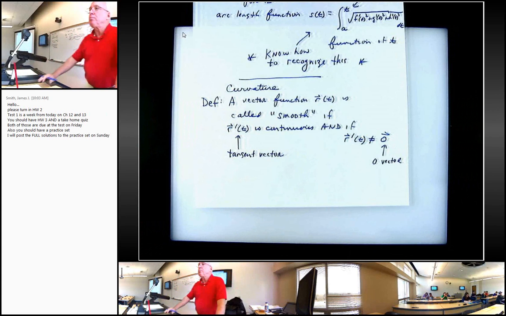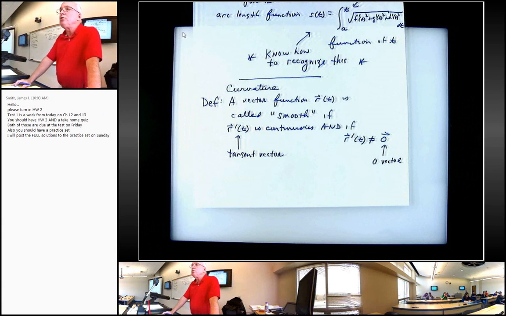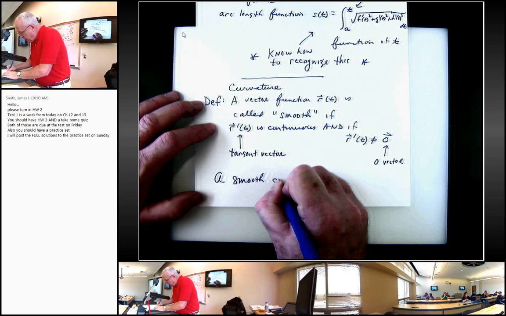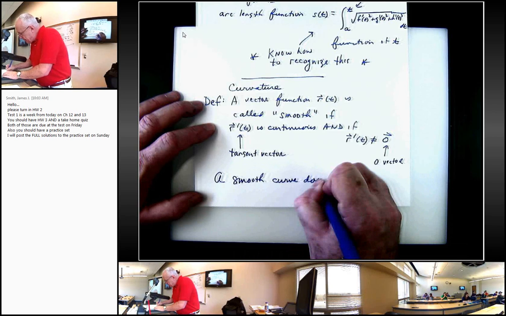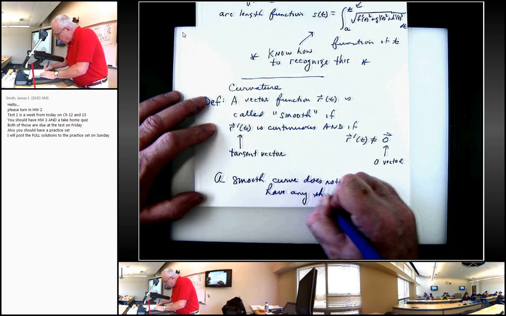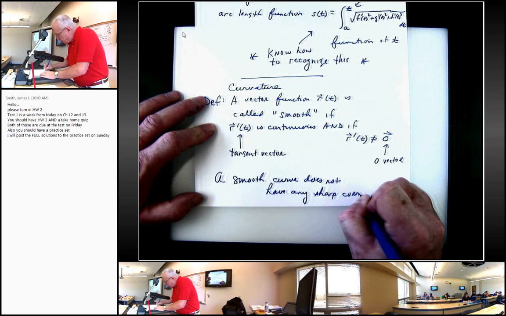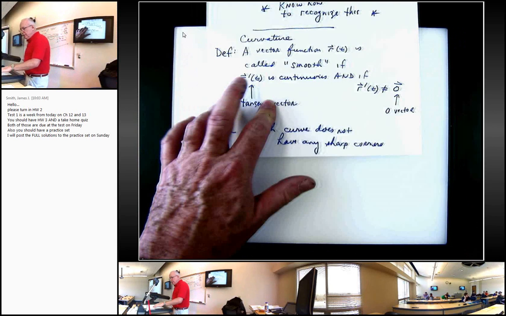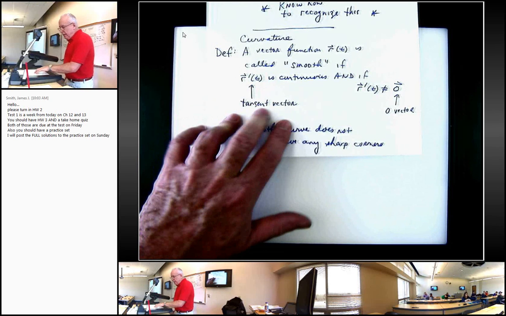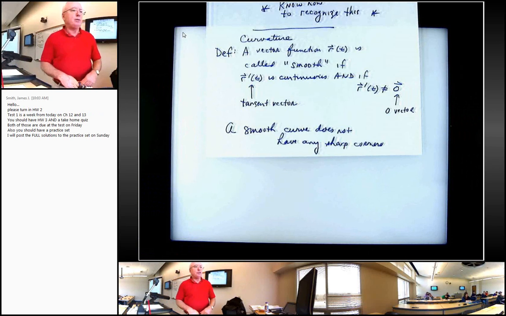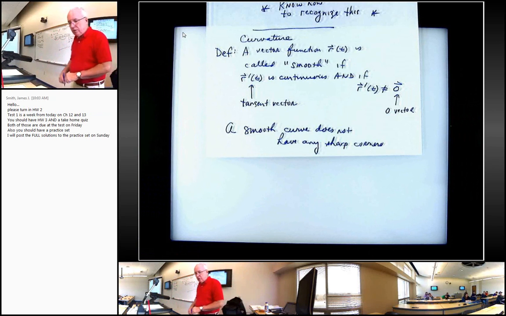Basically, to put this in English, a smooth curve does not have any sharp corners. The derivative of the tangent vector is continuous, which means it's smooth, it doesn't skip, and it never equals the zero vector.